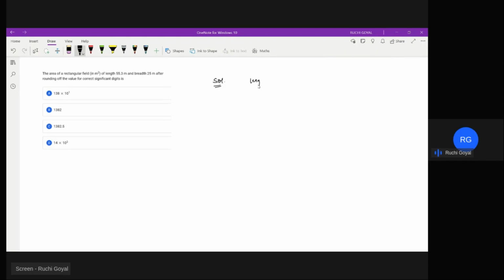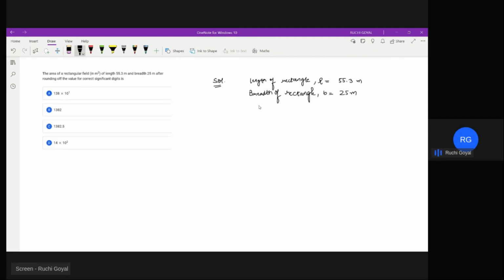Firstly, the length of the rectangle, L, is 55.3 meter. Next, the breadth of the rectangle, B, is 25 meter.